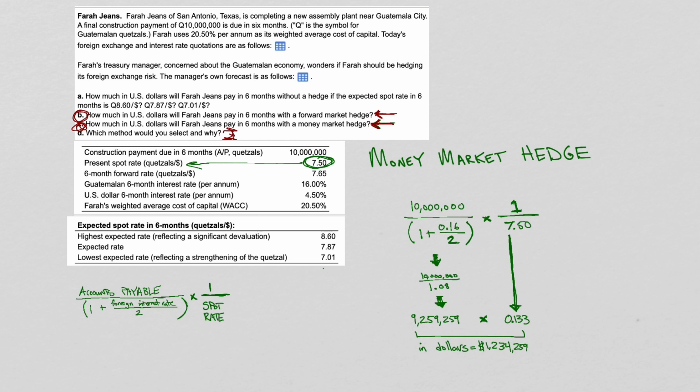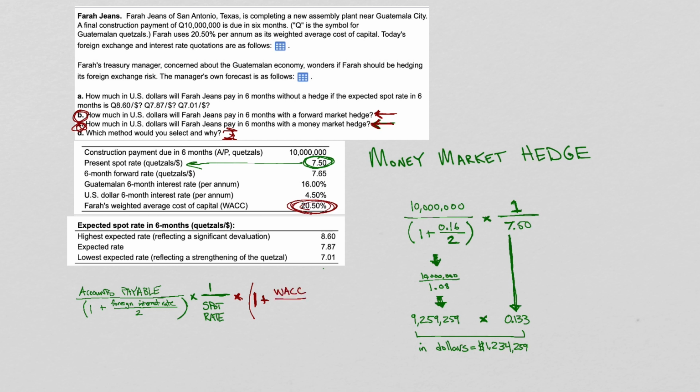So there's a time value of money component to this. If we convert to Quetzals today, we don't have those dollars to run with at our opportunity cost of capital, our weighted average cost of capital. So if we want to effectively add that cost back in, the cost of not having this money for 6 months, remember our cost of money is 20% here.